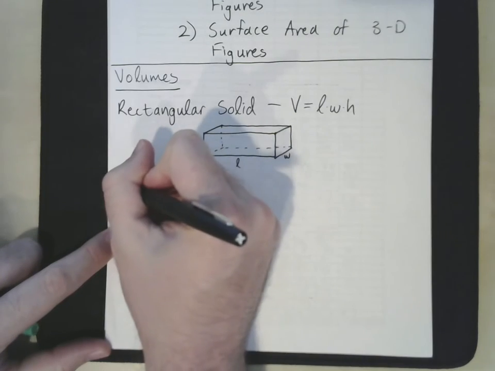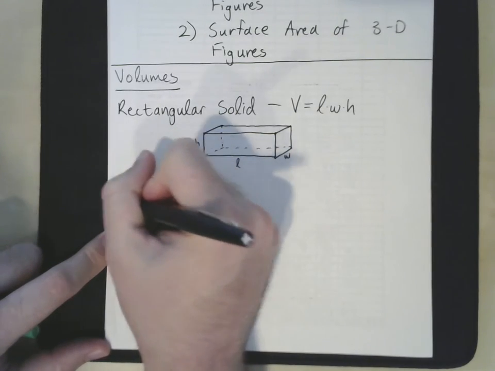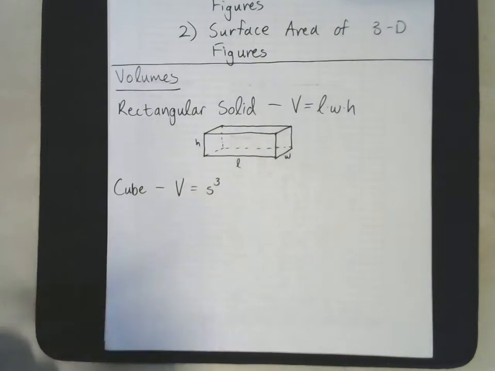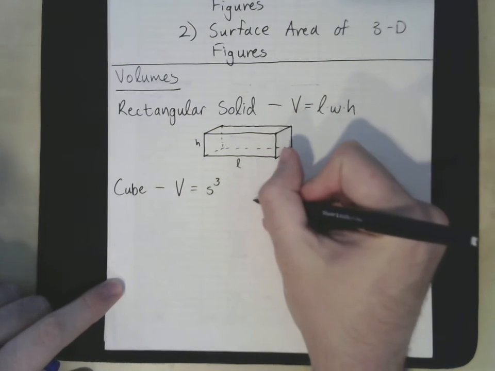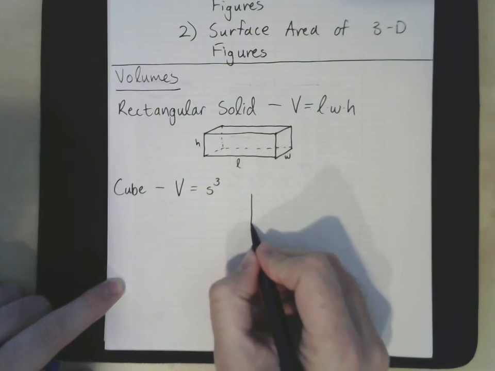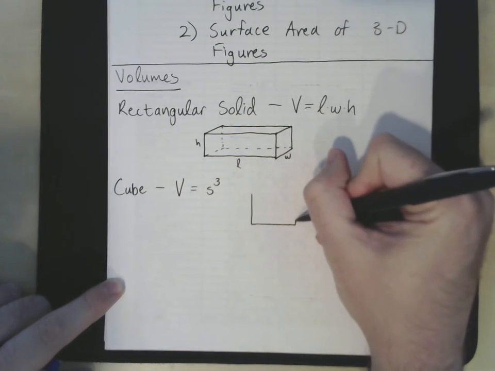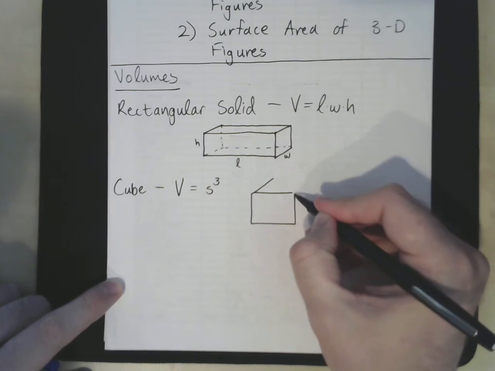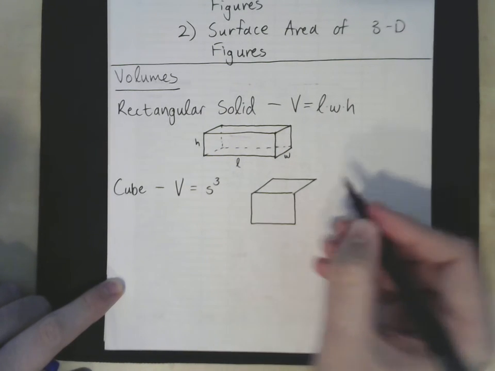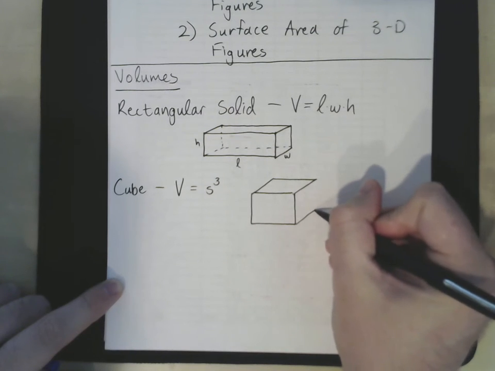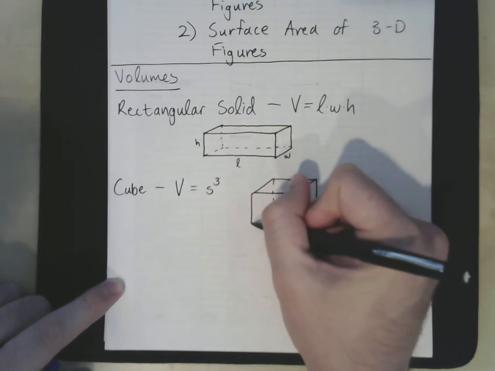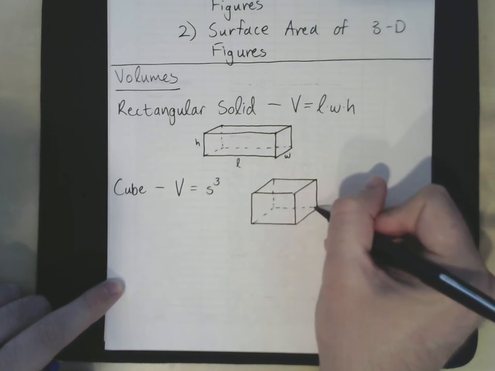Now, of course, this translates into the special volume for the cube, which is just, usually we call it side cubed. And the cube is called the cube because of the mathematical cube. Let's see how well I can draw cubes here. And this would come down, and this would go over, this would go over.